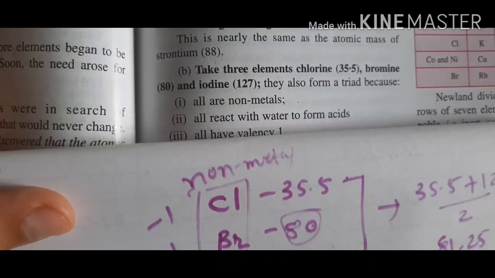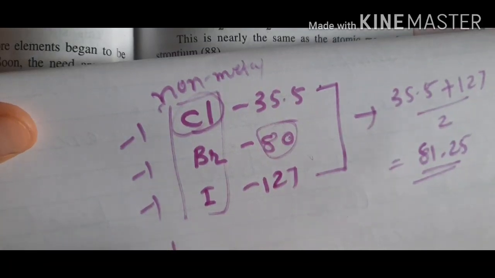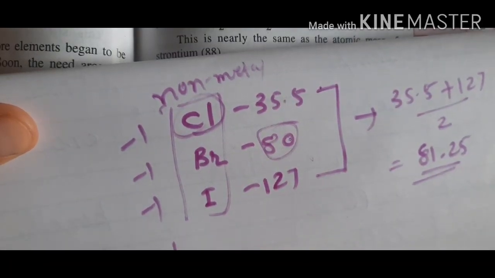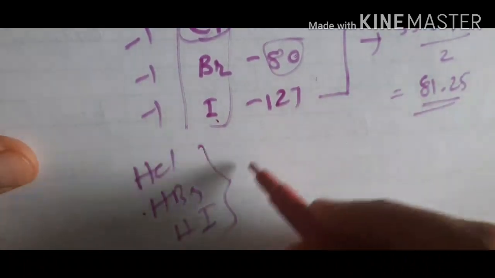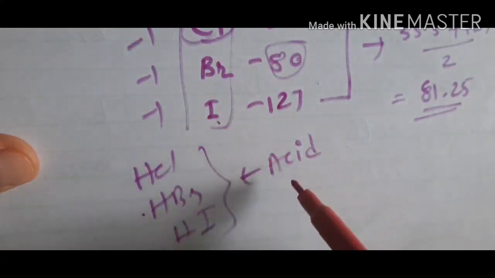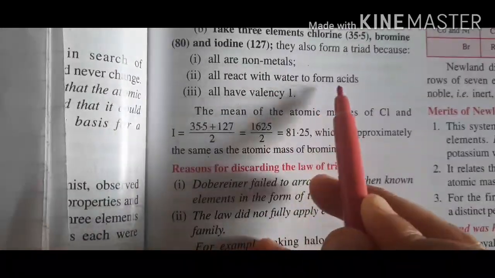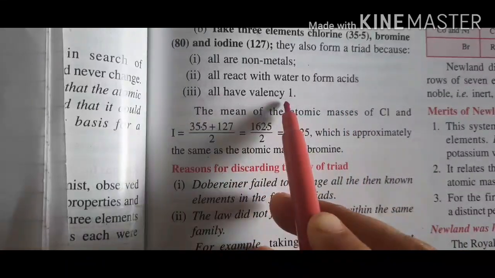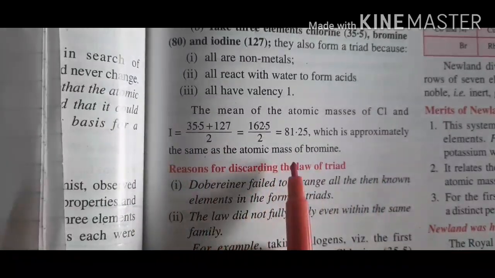And all can react with water to form acids, like HCl, HBr and HI. Their hydrides, all of them in hydride form, are acids. So these characteristics are similar. All the non-metals react with water to form acids. So the mean of the atomic masses of chlorine and iodine is approximately that of bromine.